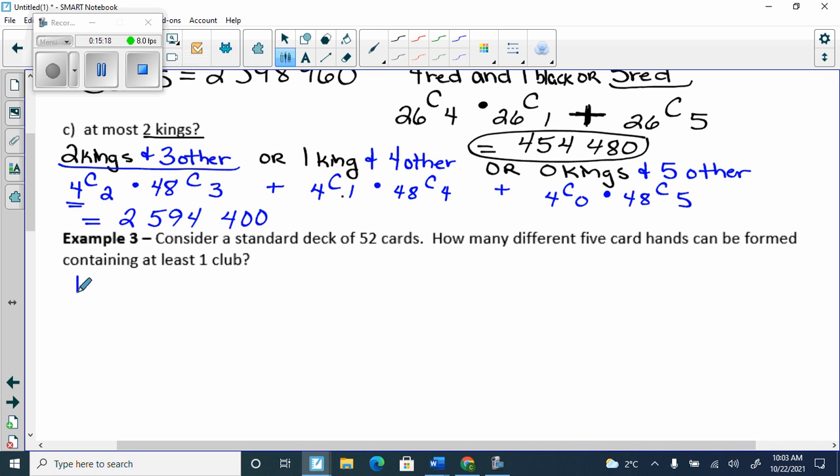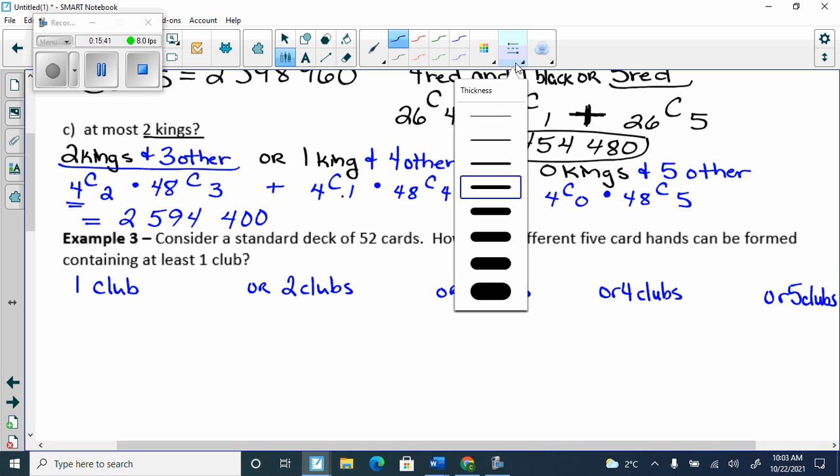So this one can be formed with at least one club. So we have one club, or two clubs, or three clubs, or four clubs, or five clubs. And then we need to supplement with not clubs.